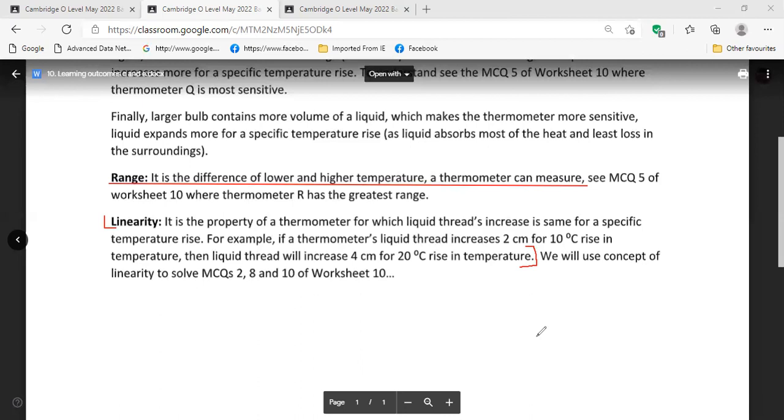Are you done with this writing, everyone? Linearity. No, sir.